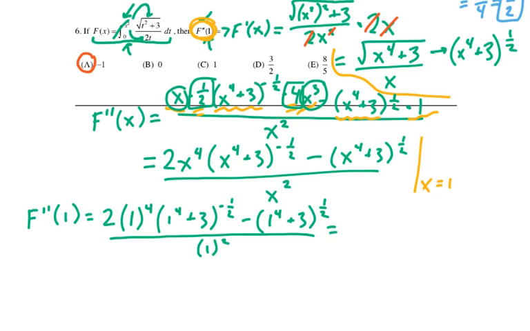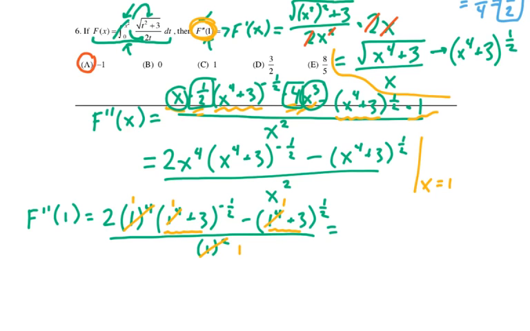All right, 1 to the fourth is just 1, which is nice on all these. This just becomes 1, this becomes 1, and this becomes 1. And if you notice inside the parentheses, these are all going to be 4s to either the 1/2 or the negative 1/2, which is either a 2 or 1 over 2. So watch what happens. On the bottom, 1 squared is also just 1.